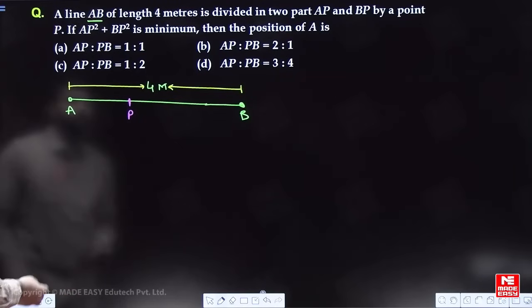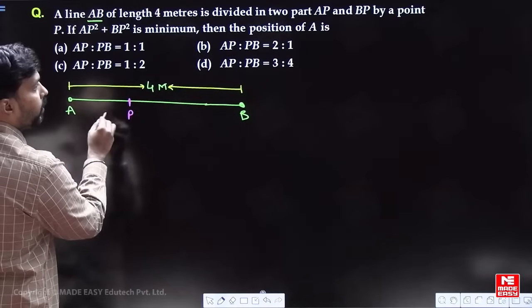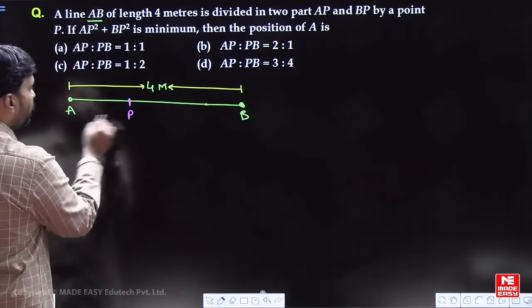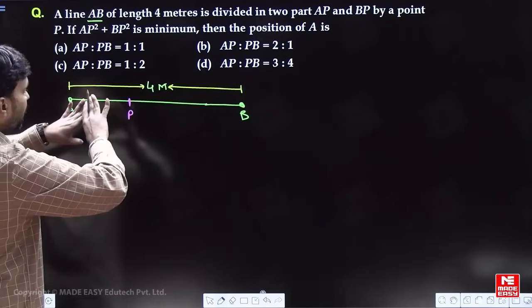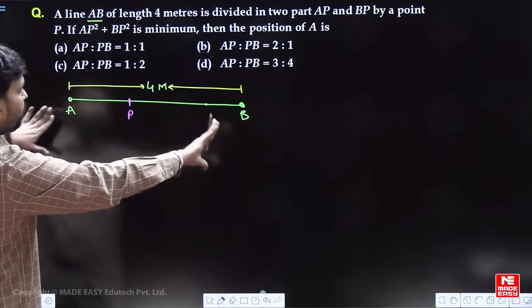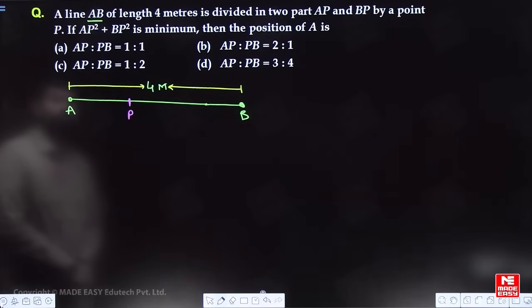So the line is being divided into two parts by the point P, one is AP and the other is BP.